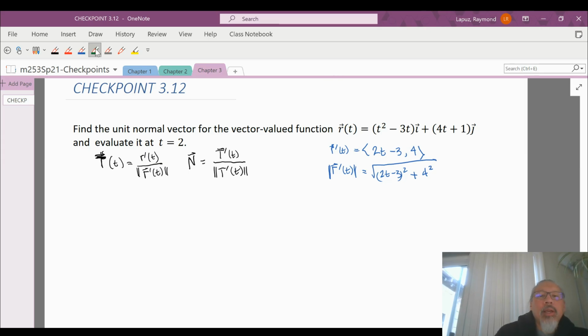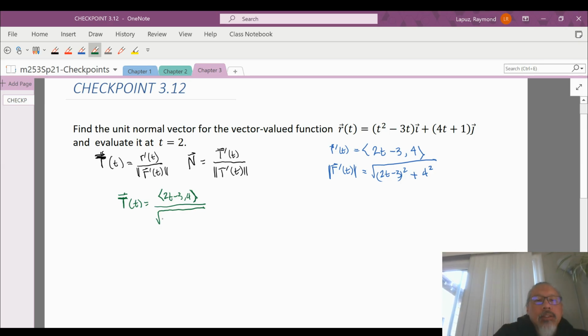Okay, now that we have that, let us begin by finding our unit tangent vector. This is simply the vector (2t minus 3, 4) divided by the magnitude, which is the square root of, let's multiply this out.